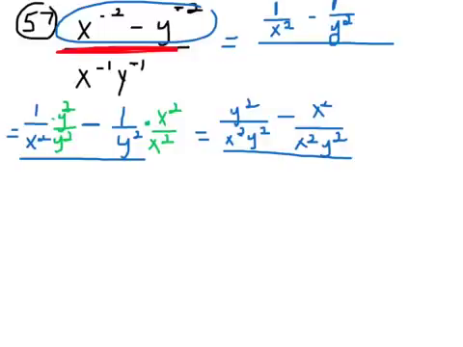I'm going to put them together, and on the bottom it's going to be x squared y squared, my common denominator. On the top, remember if you're subtracting fractions, you keep the common denominator and then just subtract across the top. So now I've got a single fraction. Might not be pretty, but it's all one term, and that's what I need.